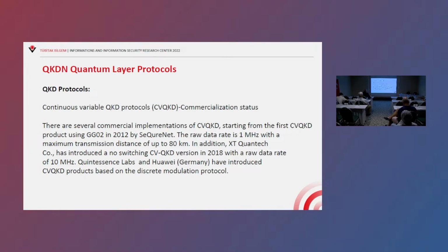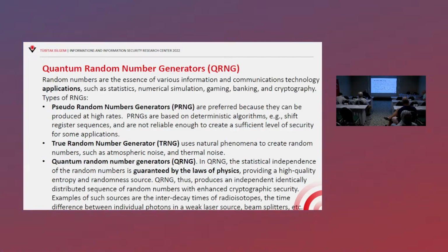Banks and other places, besides these test beds, and other government organizations use QKD protocols. There are suitable commercialized products, both in continuous valued QKD and also discrete valued QKD.